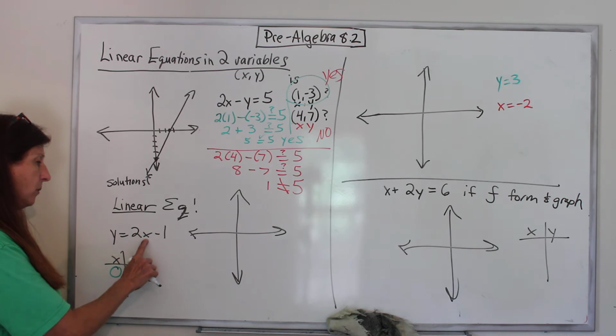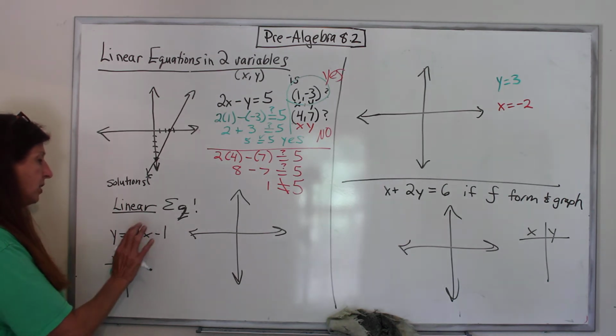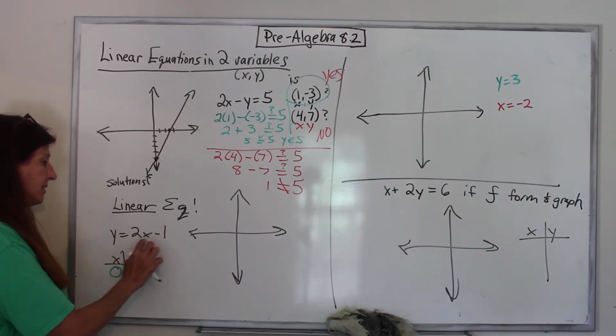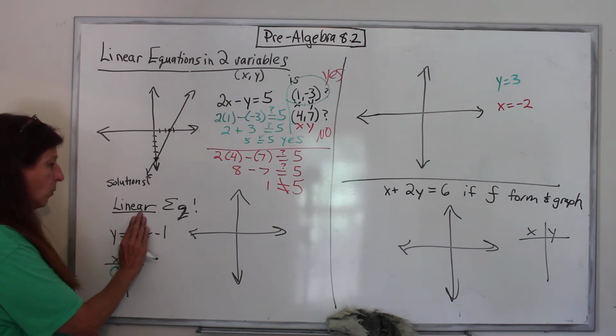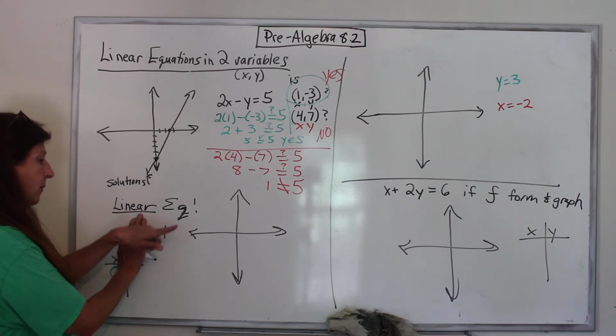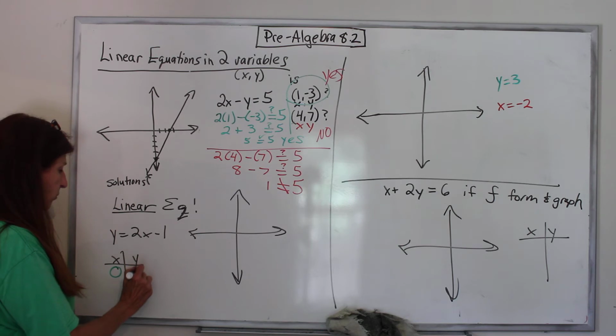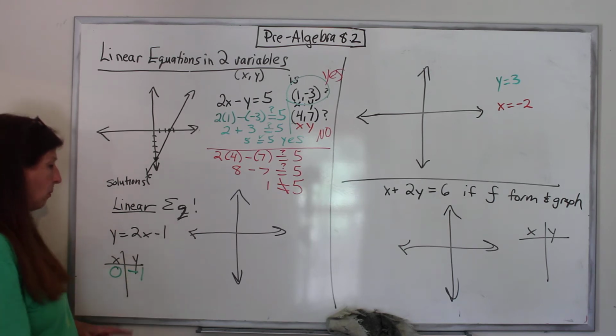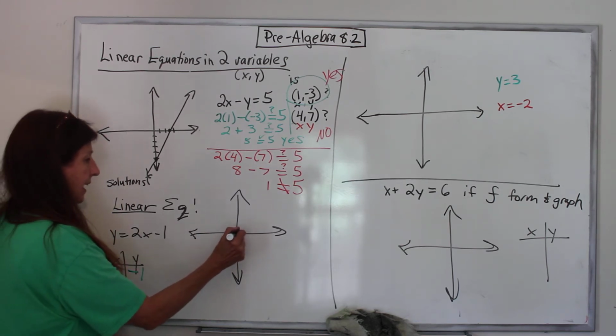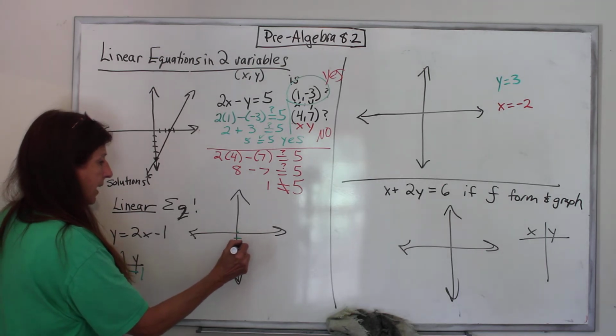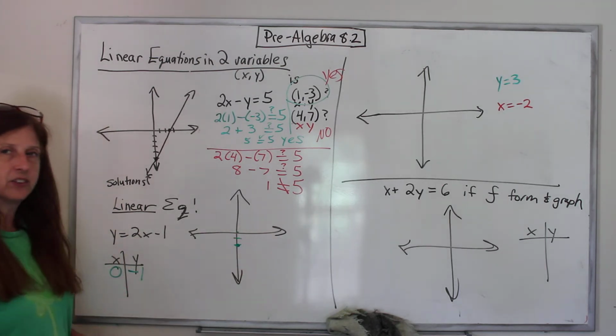Well, 0 times 2 is 0, and 0 things go away. So if x is 0, y is -1. And I have my first point of this line: when x is 0, y is -1, there's a dot.